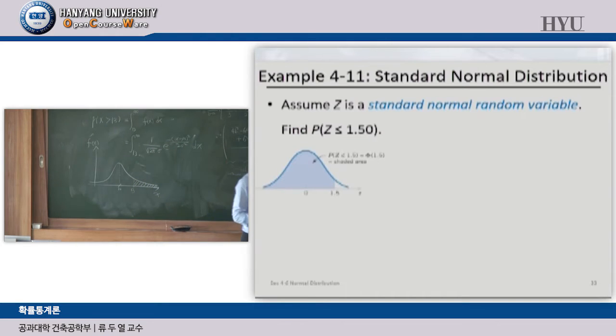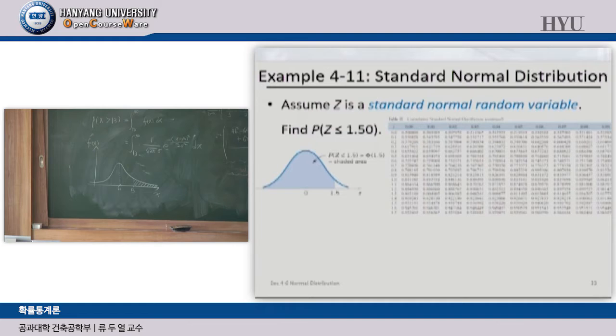This is the graph, and as you can see, mu is 0 here and the variance is 1. So in this case, we have to find the area of this shaded area, because it is the probability of Z when Z is smaller than or equal to 1.5.